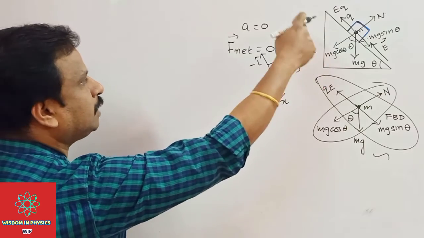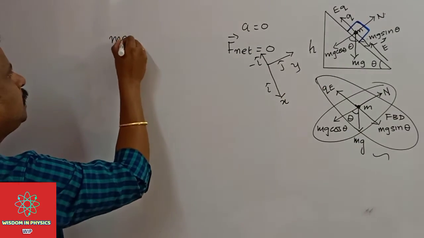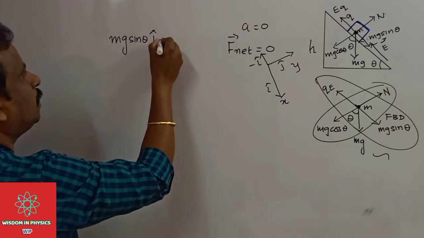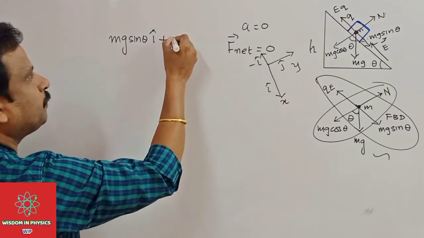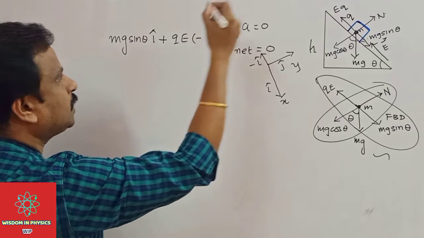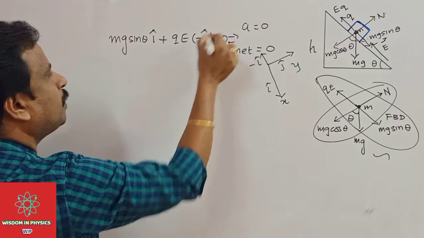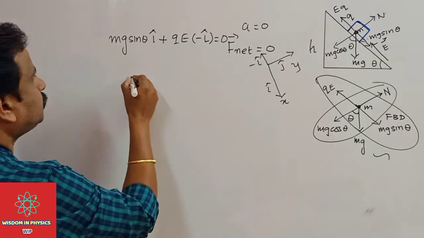Here mg sin theta is along the positive x-axis, so you will get mg sin theta i cap, then plus another force acting upwards, that is QE. It is in the negative x-axis, so minus i cap. There is no acceleration, the body is at rest, therefore the right hand side will be 0.